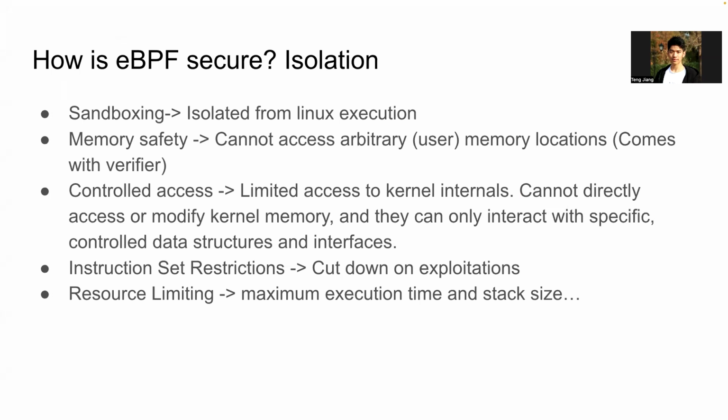Control access: our view of the kernel internals is also limited. We can see the context, but for example, we cannot see how task struct is defined in the kernel. That's really dangerous, and we don't want a user to have that information.